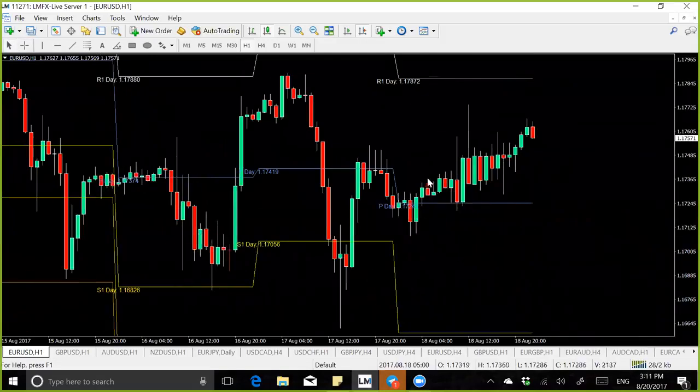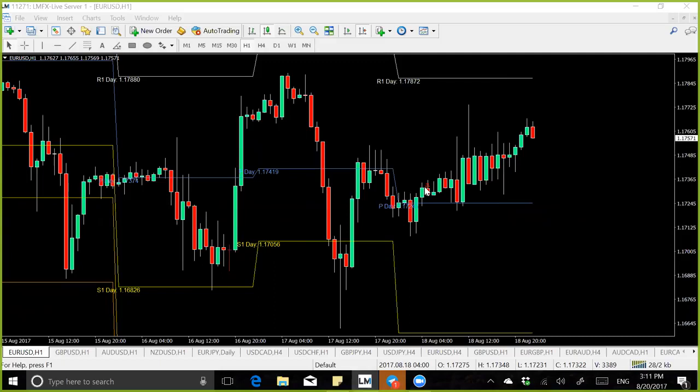Now, Vlad is saying this is not an exhaustion. That's correct. Miguel is saying that is an exhaustion. No, Miguel, it's not, because the body and the wick are almost equal. The tail has to be bigger: 70, 80, or 90% tail, 10, 20, or 30% body. That's when it's an exhaustion. Now, Vlad is saying this next one is an exhaustion.